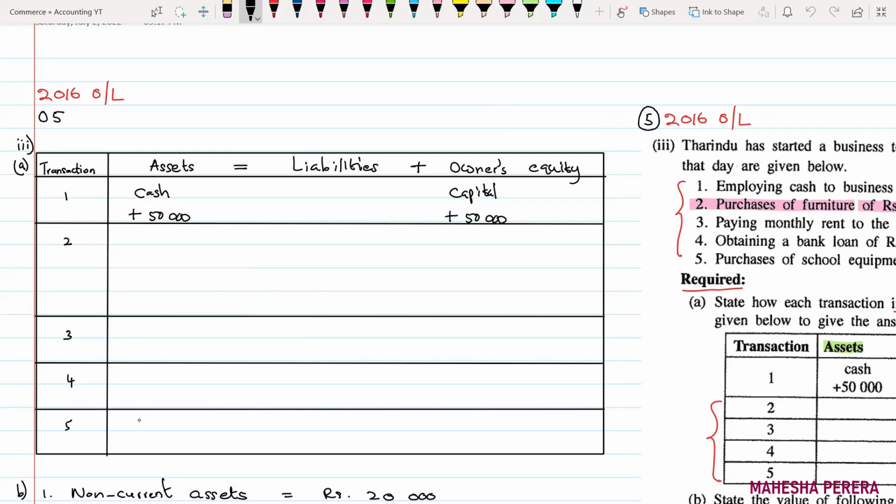By how much? 20,000 rupees. So let's write furniture below plus 20,000. Right? The next impact, cash decreases by 20,000 rupees.